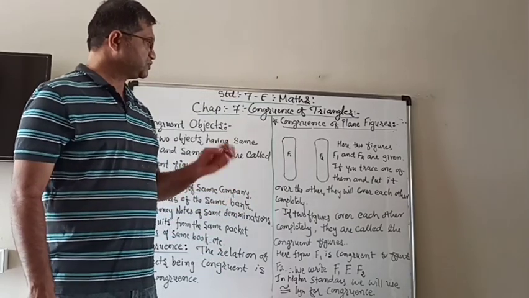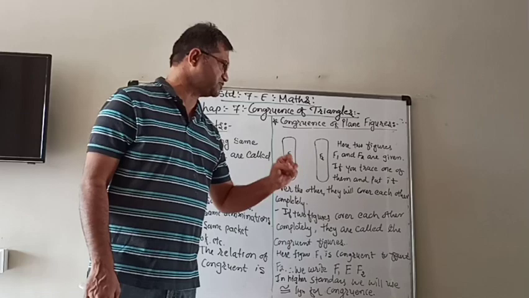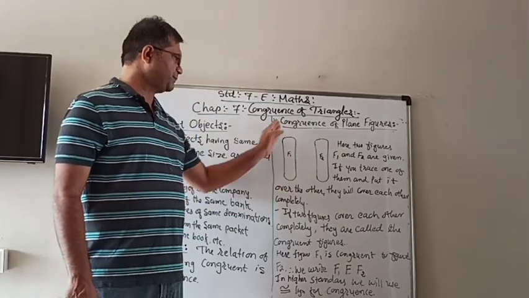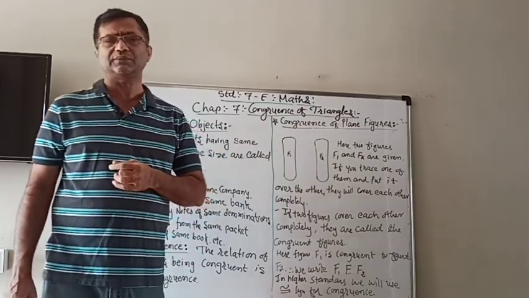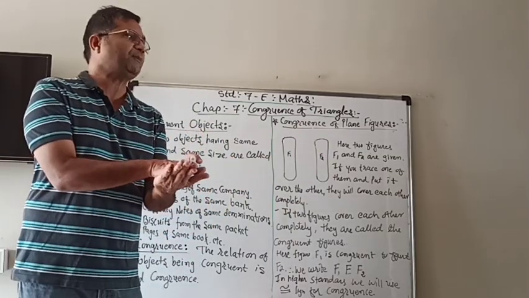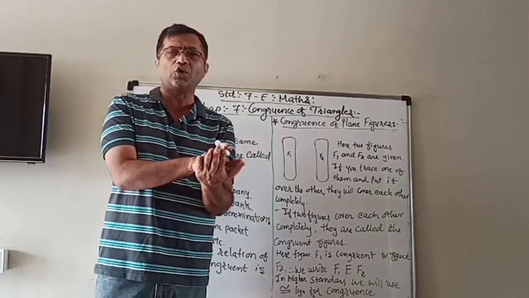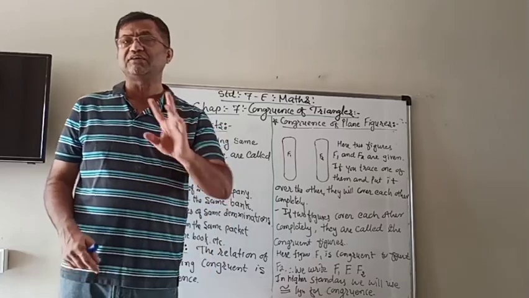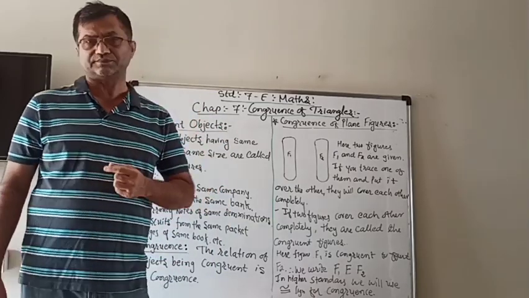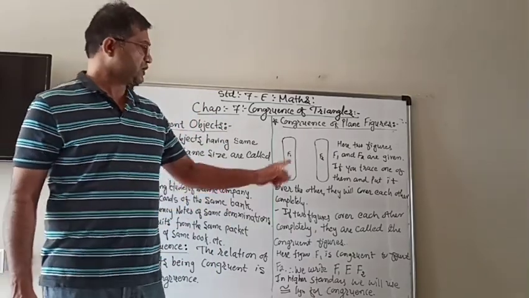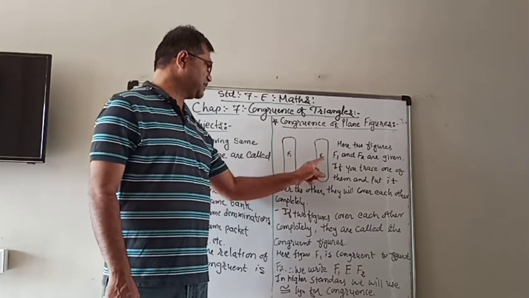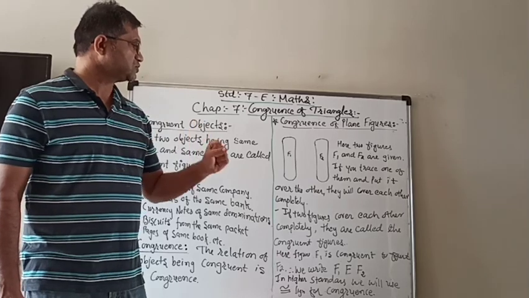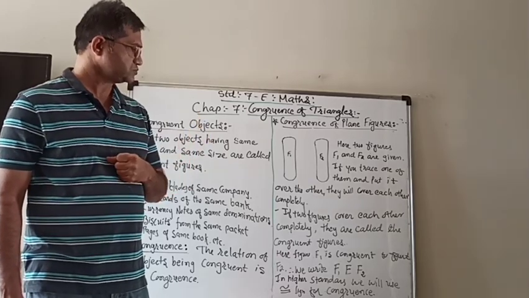So the two figures here, F1 and F2, I show you that if you cut them out from a piece of paper and then superpose, meaning put one over the other, then if you see both sides, they will completely cover each other. So here you can see that figure F1 and figure F2 are congruent figures.